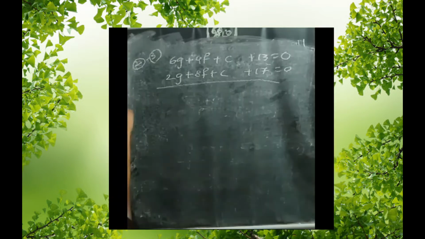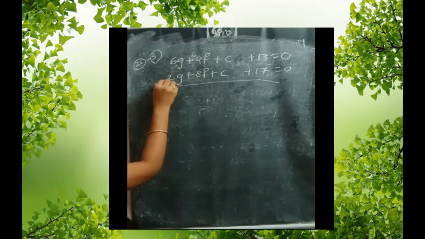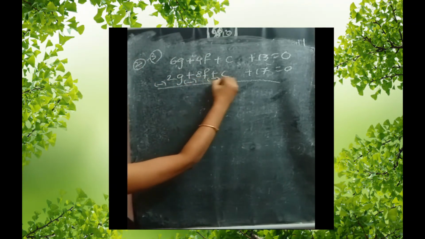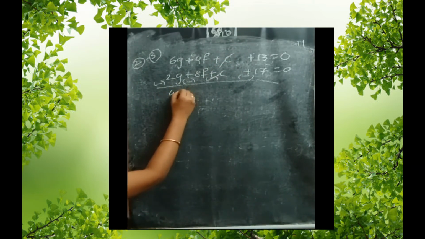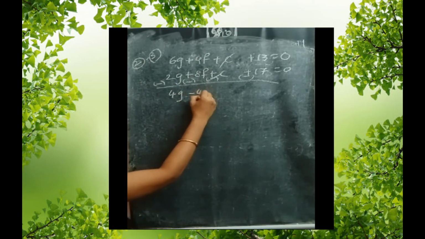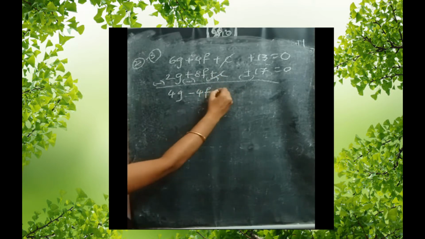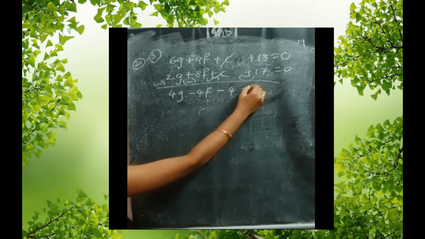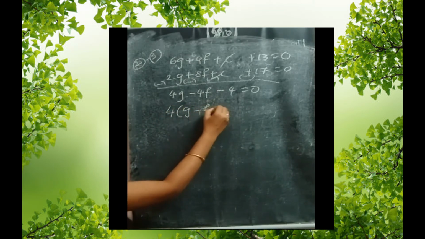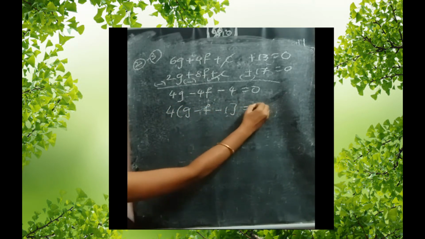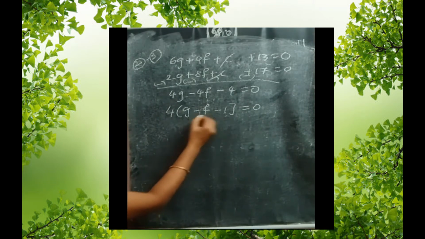Now solving equations 2 and 3. Here also minus, minus, minus, and c gets cancelled. We get 4g minus 4f minus 4 equals 0. Take 4 as common: g minus f minus 1 equals 0.